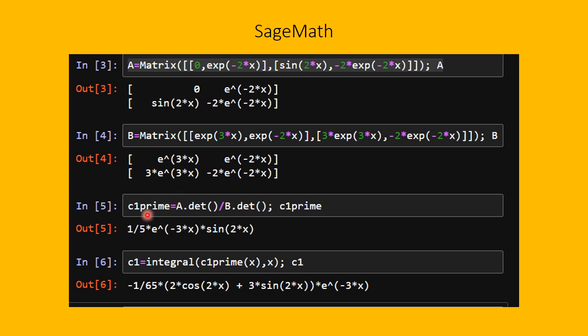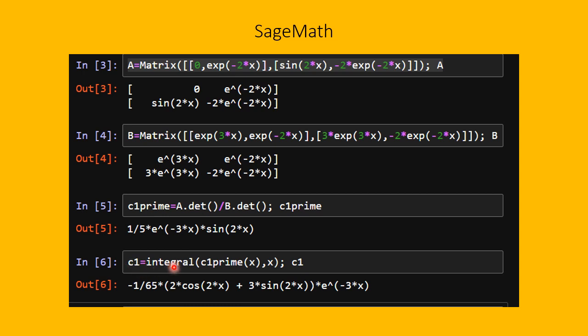So we'll then say that C1 prime is the determinant of A divided by the determinant of B, and let's print out what C1 prime is, and we get this. We notice that we have 1/5 times an exponential times a sine here, and we're going to have to integrate C1 prime with respect to x to get C1. So we can do that here.